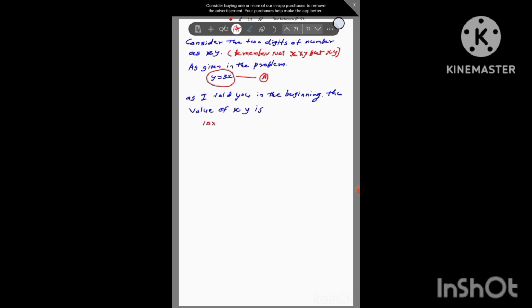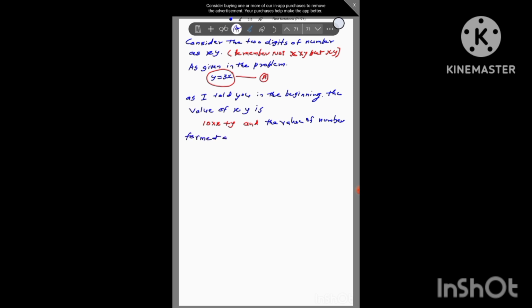So this will be 10x plus y. This will be the value of xy, and if you interchange the digits, that will be yx, but the value will be, as y is in the tens place, y into 10 plus x.